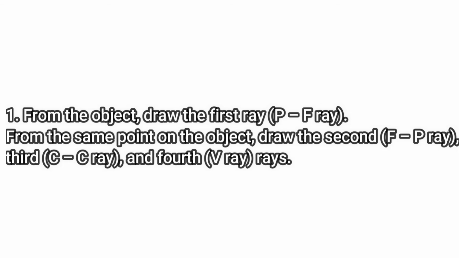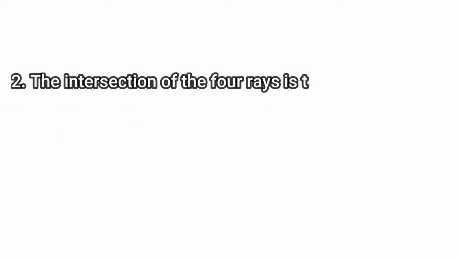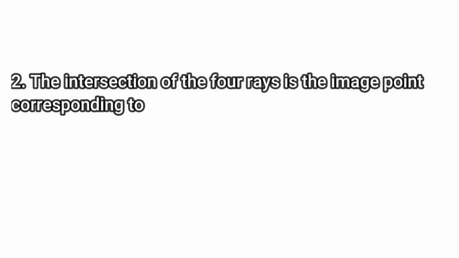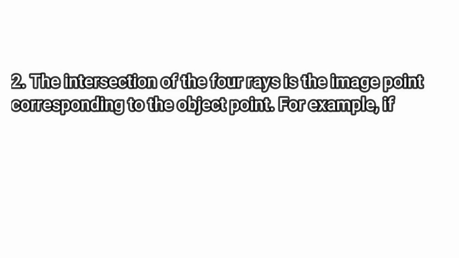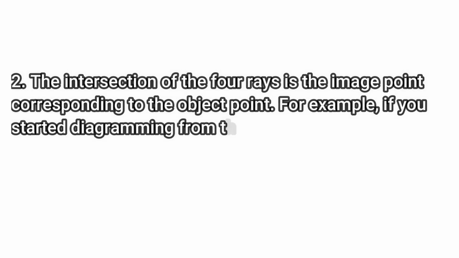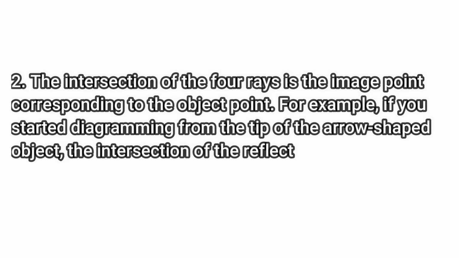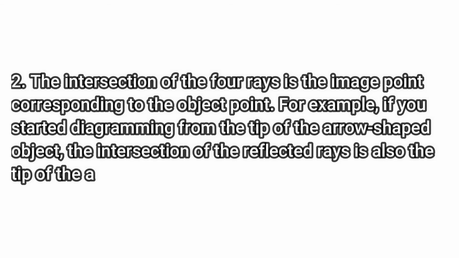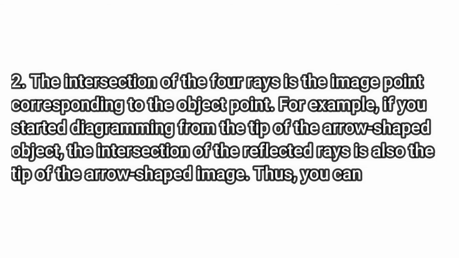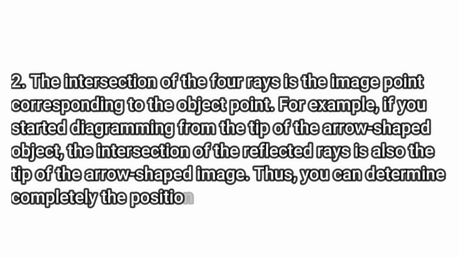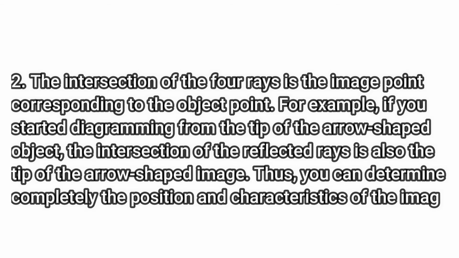And lastly, the fourth ray, which is the V ray. The intersection of the four rays is the image point corresponding to the object point. For example, if you started diagramming from the tip of the arrow-shaped object, the intersection of the reflected rays is also the tip of the arrow-shaped image. Thus, you can determine completely the position and characteristics of the image.